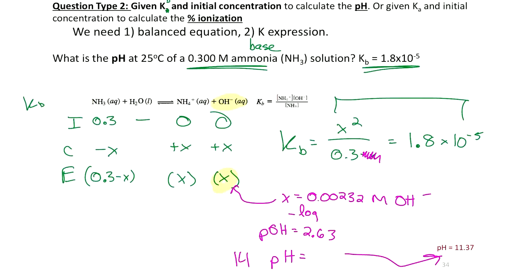Okay, good. Because this is what happens a lot. Students will stop right here. A lot of students will just calculate x, do negative log, and assume that's the pH. So hopefully on an exam, 2.63 is gonna be an option, because that's a common mistake.